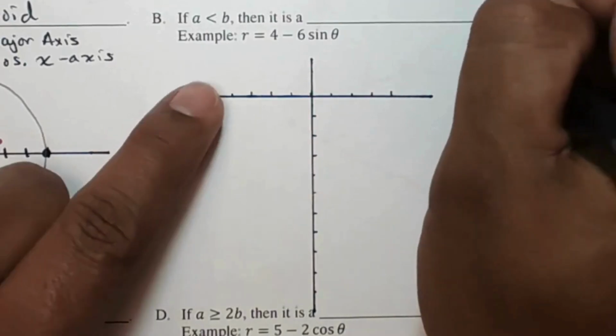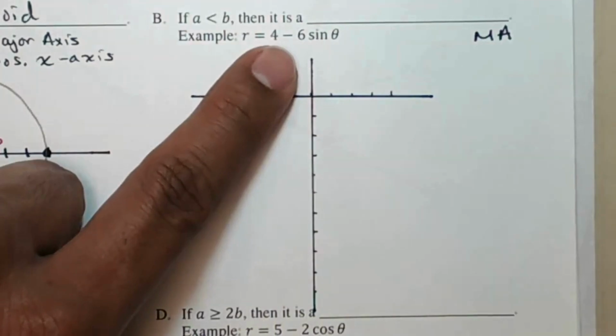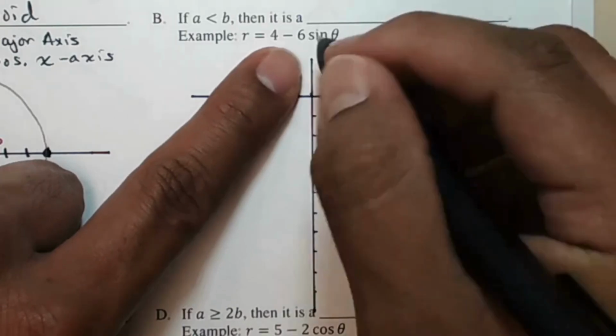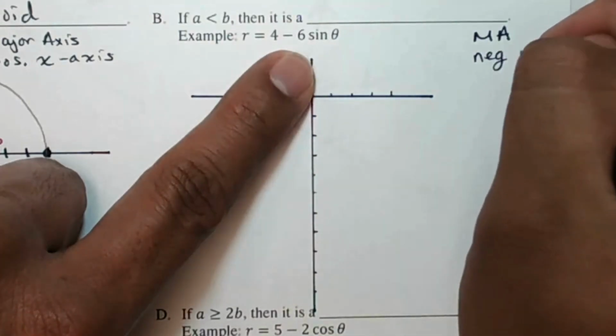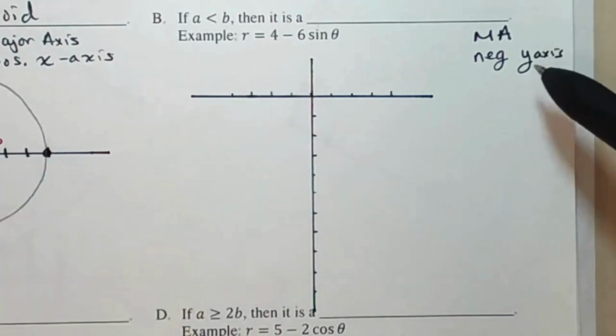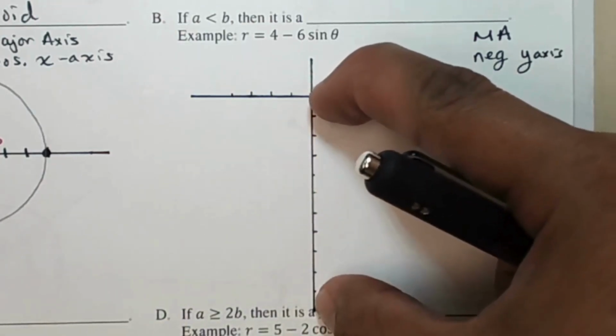Well, again, the major axis depends on what operation we're doing. If it's adding, it's positive. If it's subtracting, it's negative. And if we're dealing with sine, we're going to talk about the y-axis. Okay, so my major axis, the majority of my graph, is going to be on that negative y-axis.